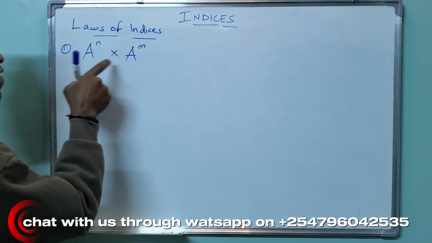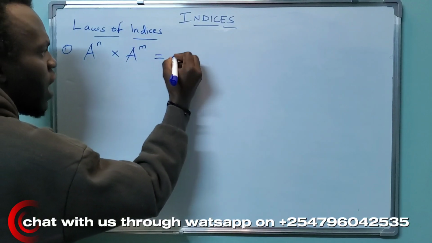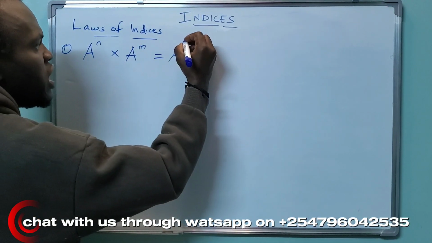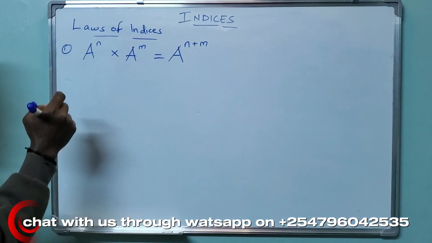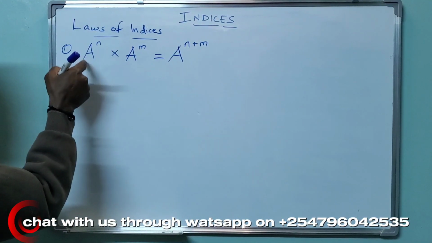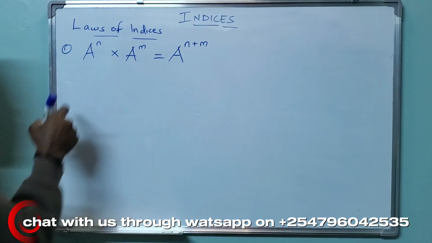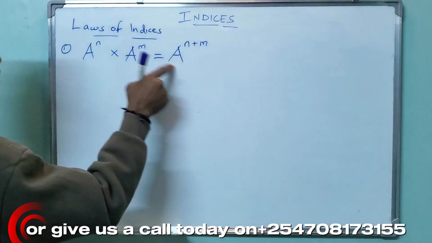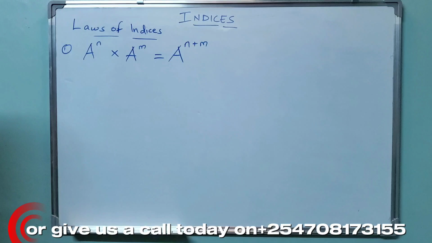If the bases are the same and the powers are different, you combine that base with the powers being added, that is n plus m. So when those two bases, which are the same but have different powers, are separated with multiplication, you combine them into one base and add the powers. That is the first law of indices.